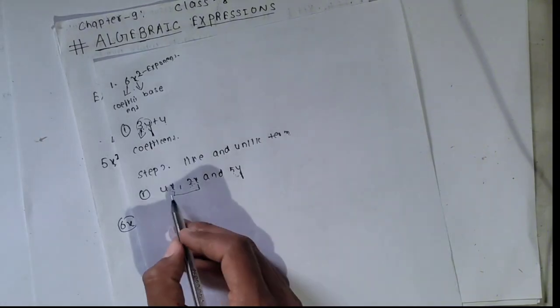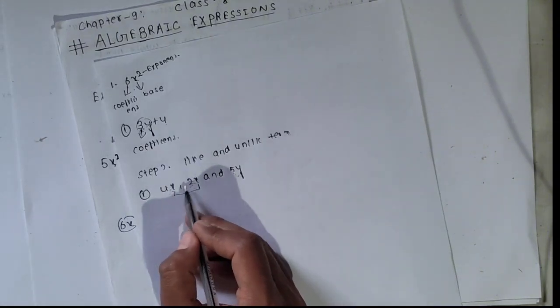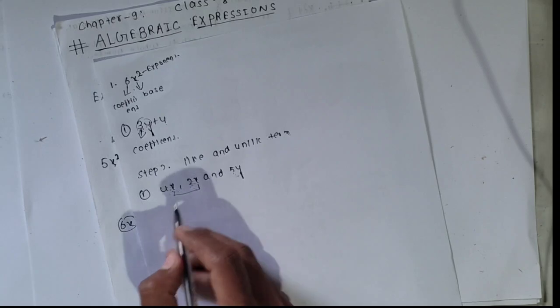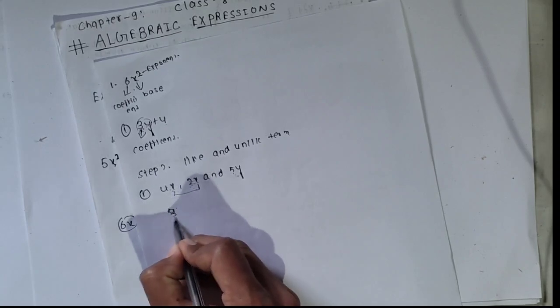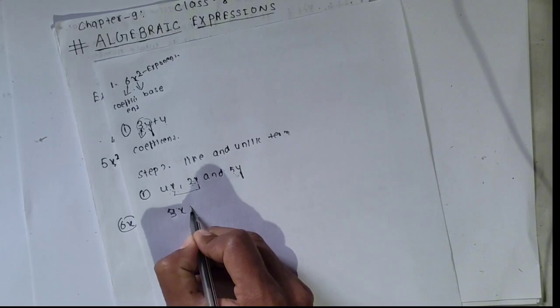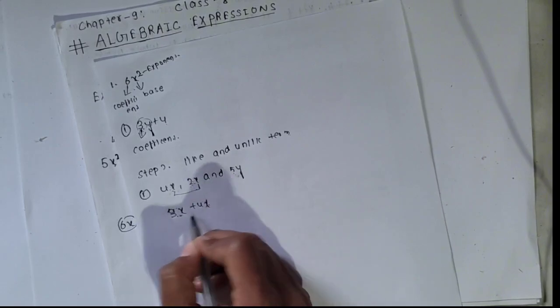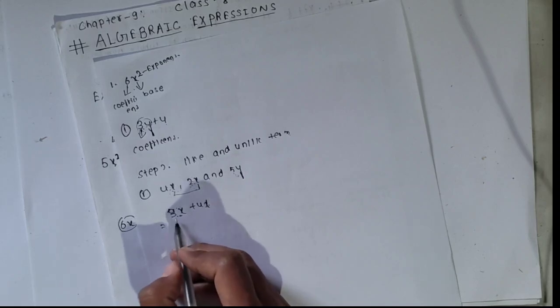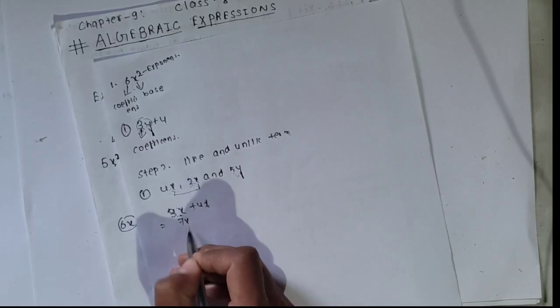Combining like terms means we can add or subtract. Can we add these terms together? Suppose 3x plus 4x. These have the same variable and same base, so we can add 3x plus 4x, and the result is 7x.